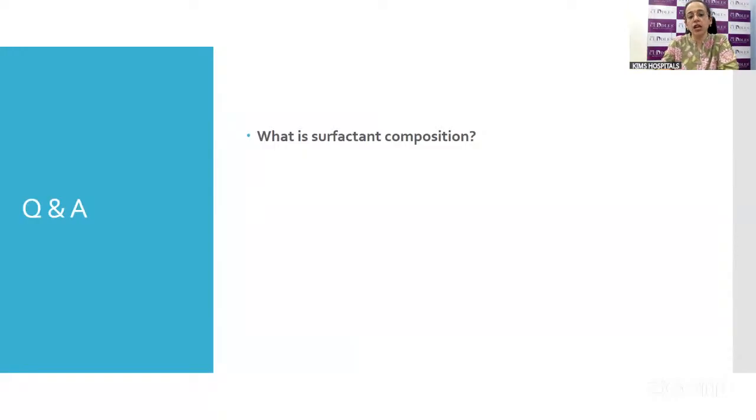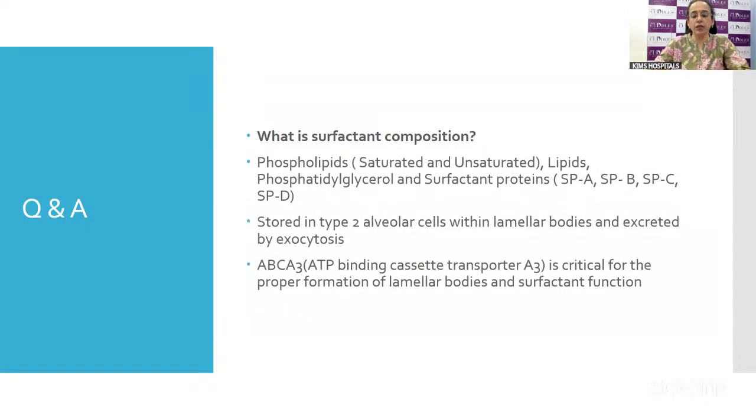So now we will see what the surfactant composition is. Surfactant is made up of phospholipids, saturated and unsaturated phospholipids, and lipids and phosphatidyl, and also surfactant proteins SPA, SPB, SPC, and SPD. The surfactant is stored in the type 2 alveolar cells within the lamellar bodies, and it is excreted usually by exocytosis.